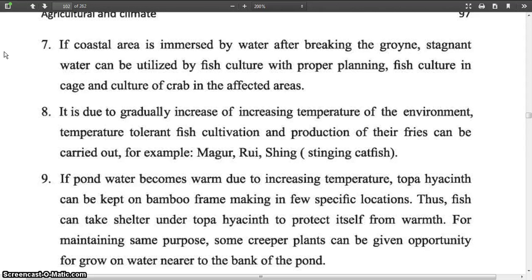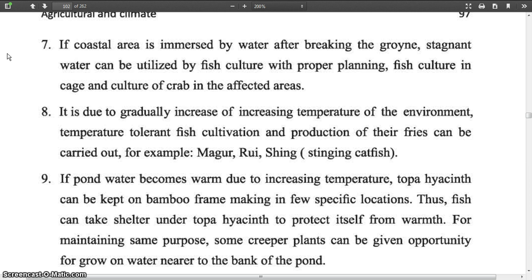Number 7. If a coastal area is immersed by water after breaking the groni, meaning burnt, the stagnant water can be utilized by fish culture.